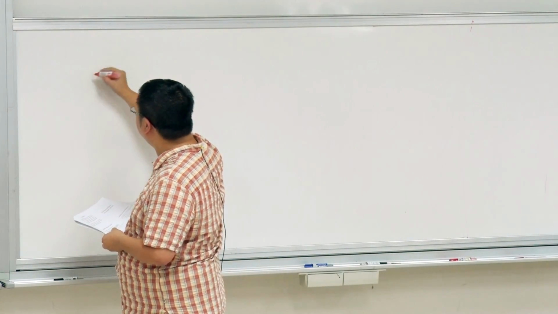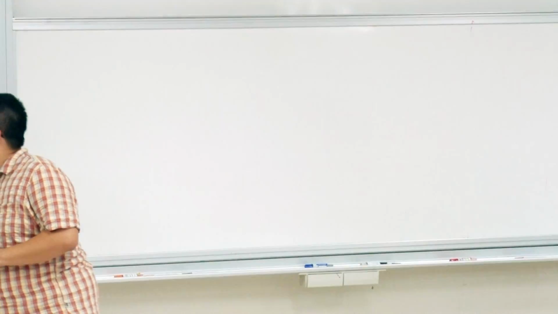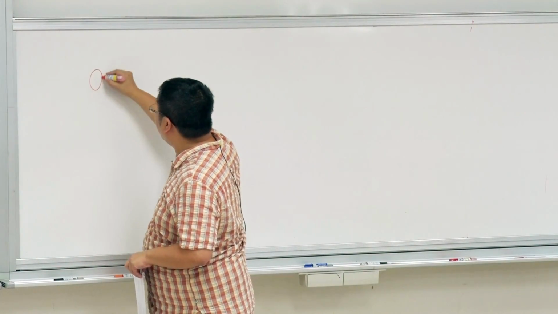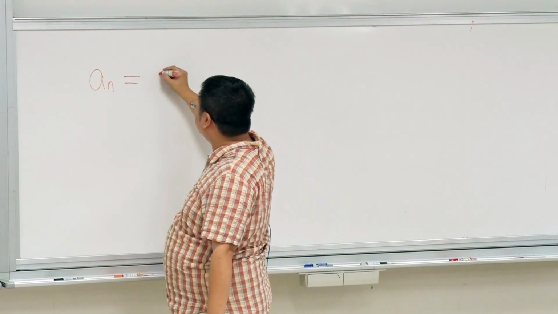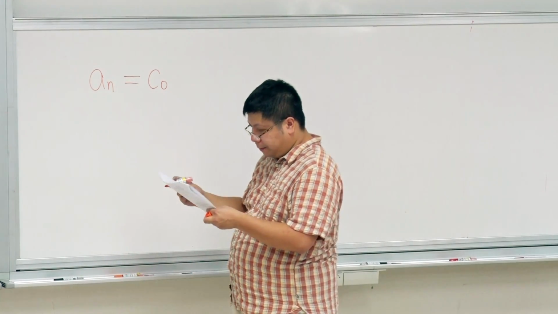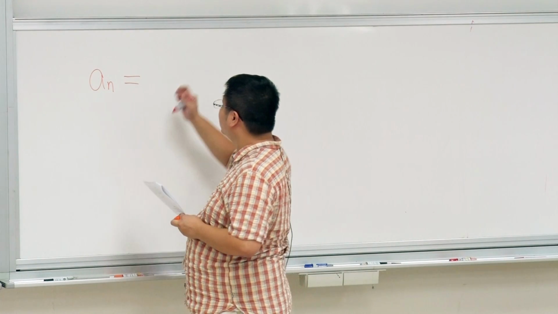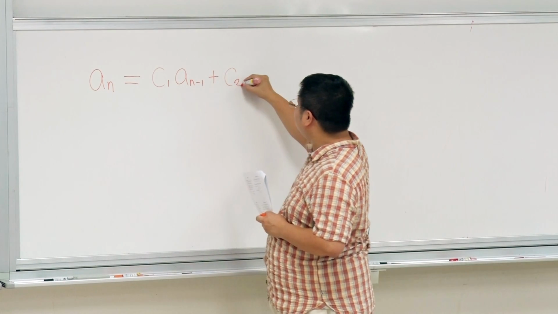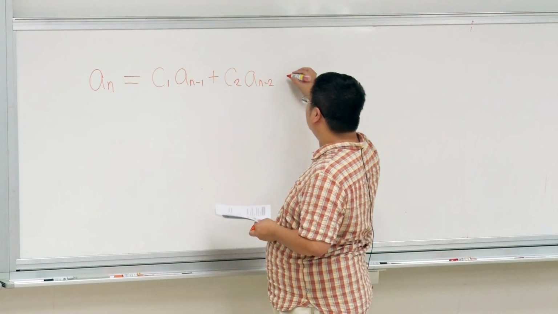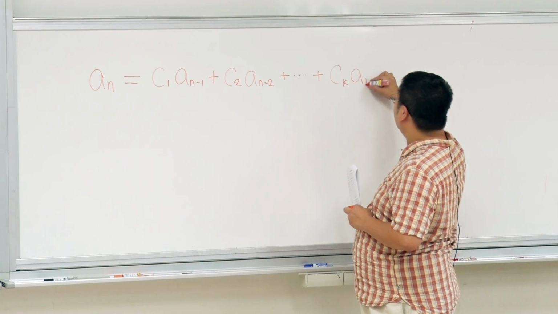You start with some term a_n, and then you can express a_n as C1 times a_(n-1) plus C2 times a_(n-2) plus dot dot dot up to C_k times a_(n-k).